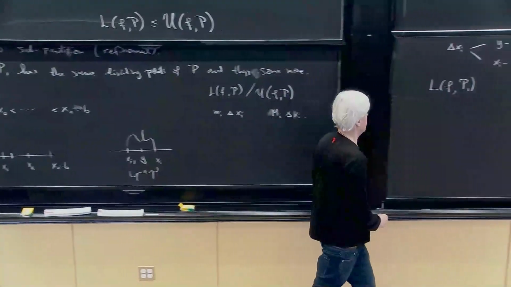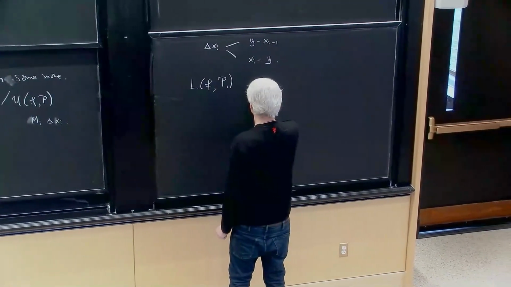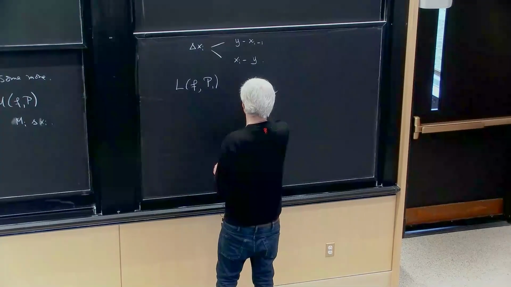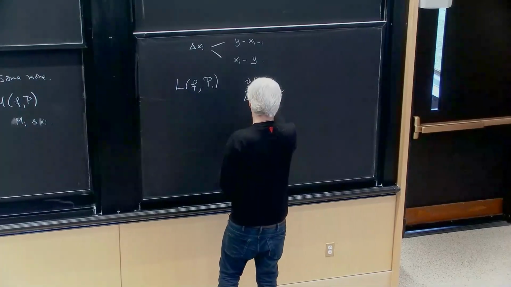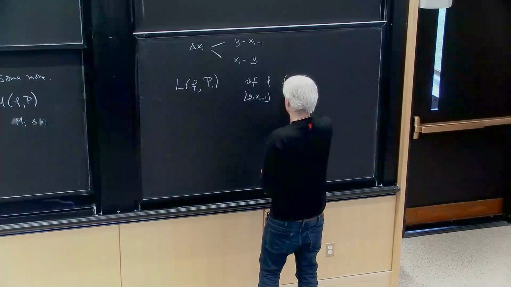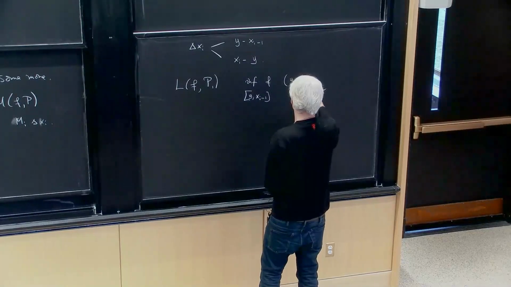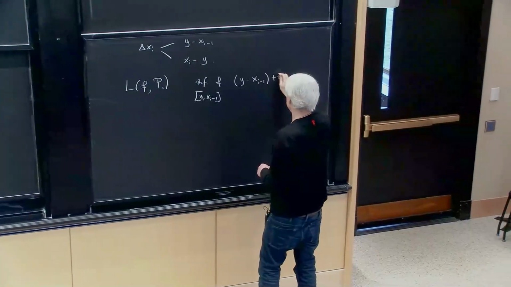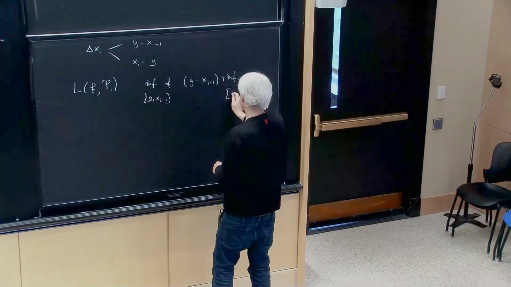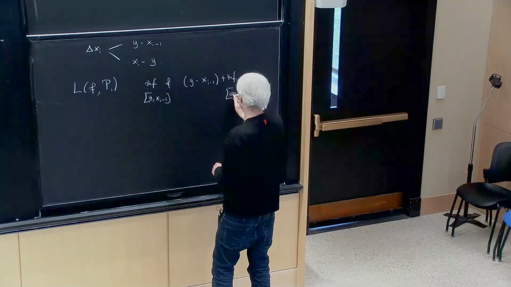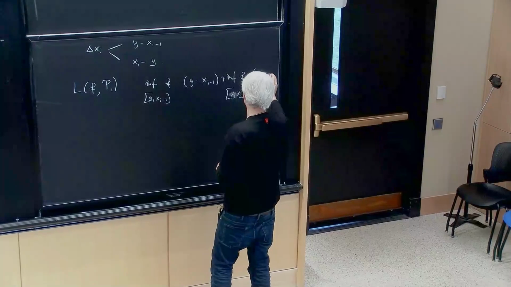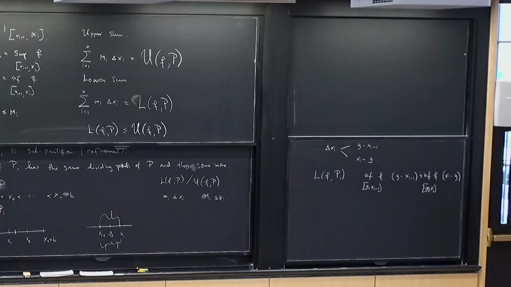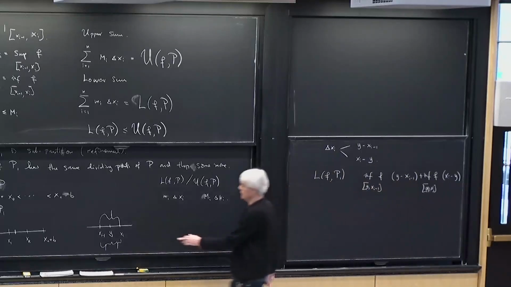So you're getting a contribution which is the inf on this little interval of f times y minus xi minus 1, and then you get a second contribution which is inf on the interval from y to xi of f, times xi minus y. So this is the contribution that you get from this interval here.